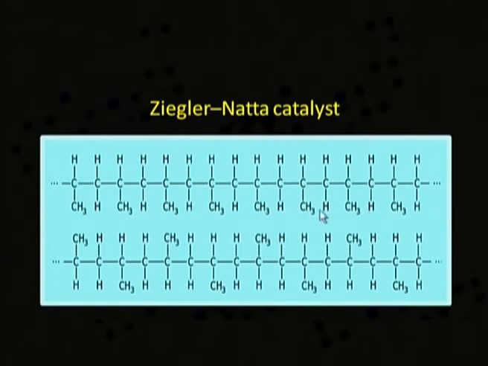So, we may say that when these CH3 groups are located on the same side, this form is known as isotactic. In this structure we are seeing that the locations of these CH3 groups alternate above the plane and below the plane. So, this is the example of syndiotactic, or we may say the above and below the plane configuration.